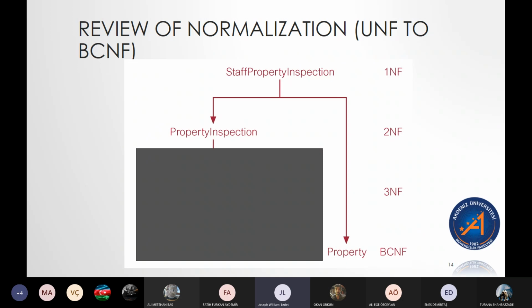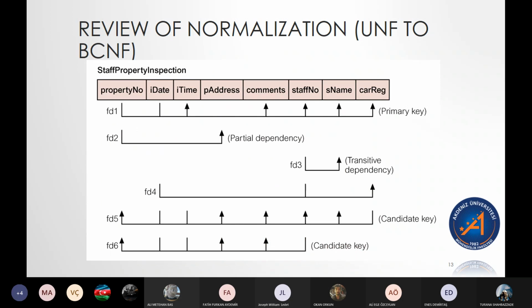We need third. How do we get to third? Yeah, transitive dependencies. And if only it weren't written right here. Right? What's our transitive dependency? Well, it's that staff information, right?